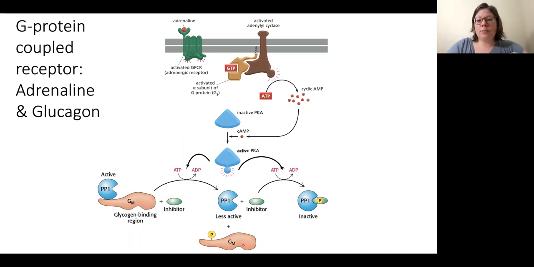And this breaks apart or changes the conformation of this subunit so that PP1 is no longer bound to it, and that decreases the activity of PP1. And additionally, PKA can phosphorylate and activate this protein phosphatase 1 inhibitor. So now we have doubly inactivated protein phosphatase 1. It's no longer active to promote glycogen synthesis. Instead, we're going to be blocking glycogen synthesis and allowing glycogen breakdown to occur.